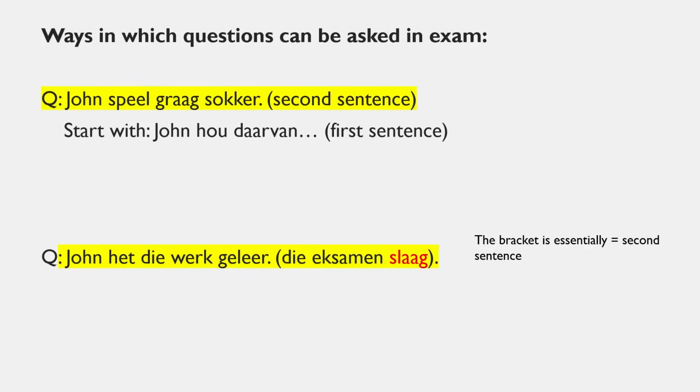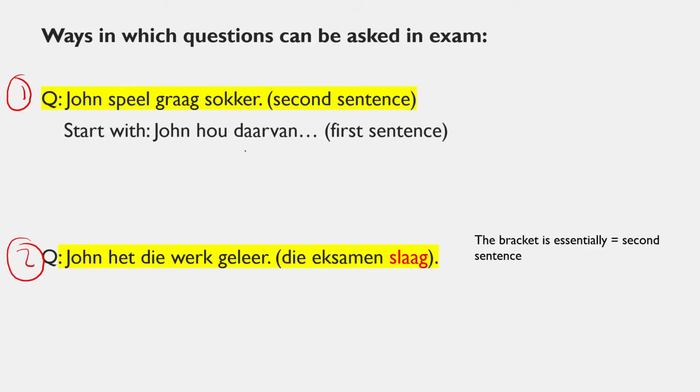Alright. Other ways they could ask it, this is usually in the higher grades. So in grade 11 and matric, this is often how they ask you to do the infinitive. So let's look at the first question. I'm just going to indicate here this is question 1 and this is question 2. So in the first question, John speel, and the question will say, start with John hou daarvan.